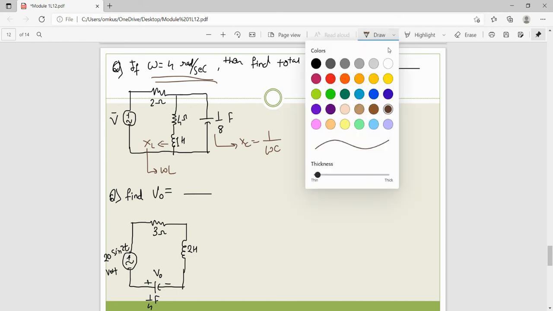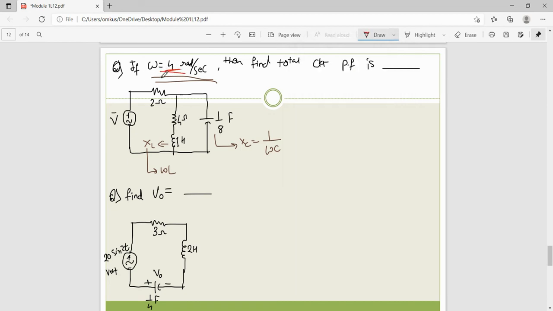When you put this value, because frequency is given to you, 4 radian per second, and solve it, you will get 4 into 1, which is 4 ohm, and X_C is equal to 2 ohm.